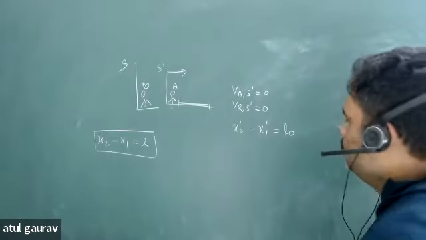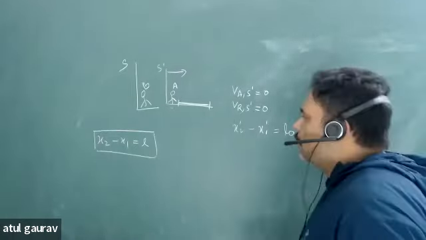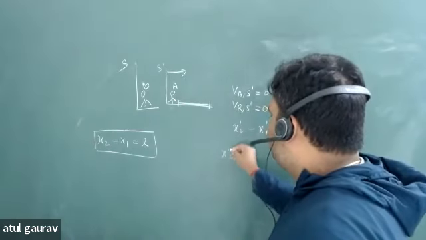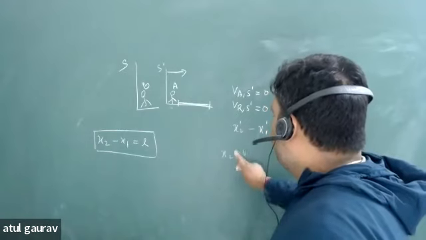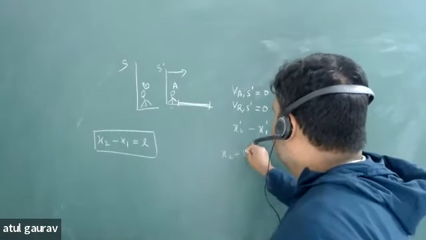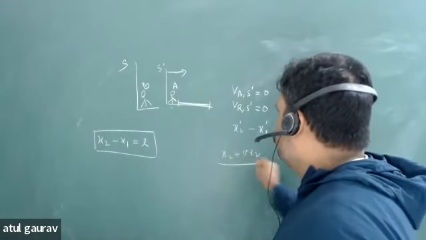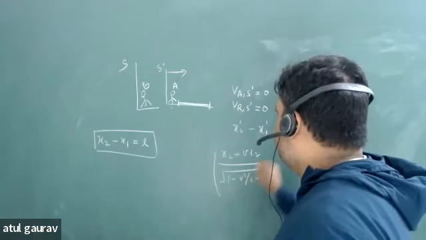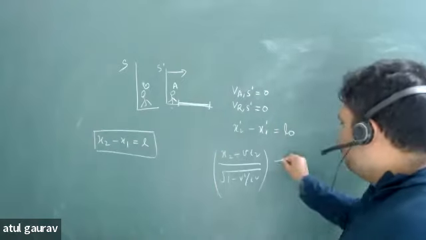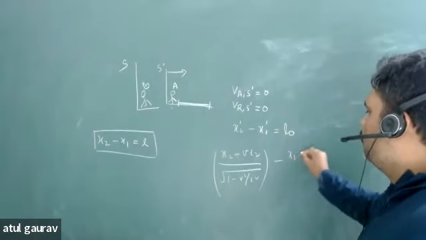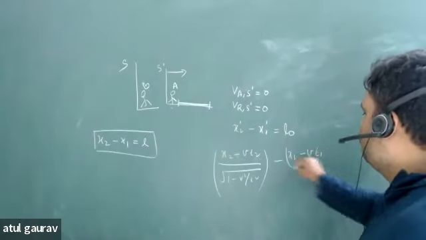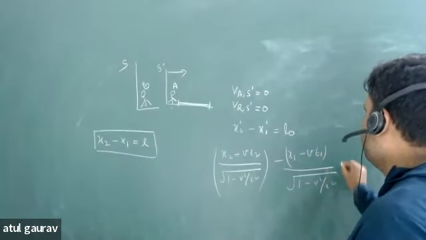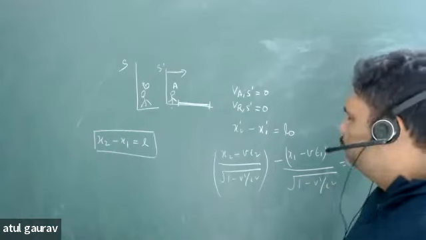Everyone is comfortable? So let's go for the Lorentz transformation. x2 dash is equal to x2 minus vt2 over root under 1 minus v square upon c square, minus x1 minus vt1 over root under 1 minus v square upon c square, and that should be L naught.